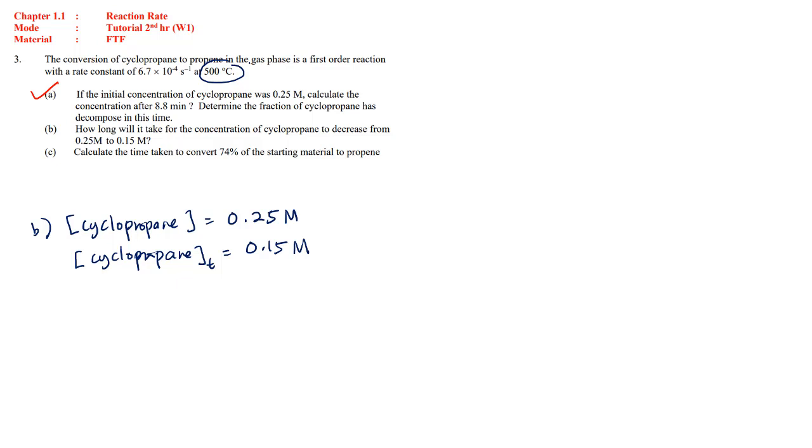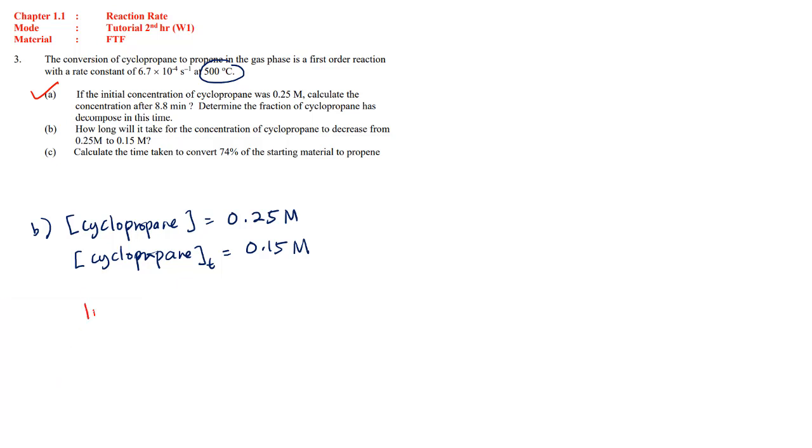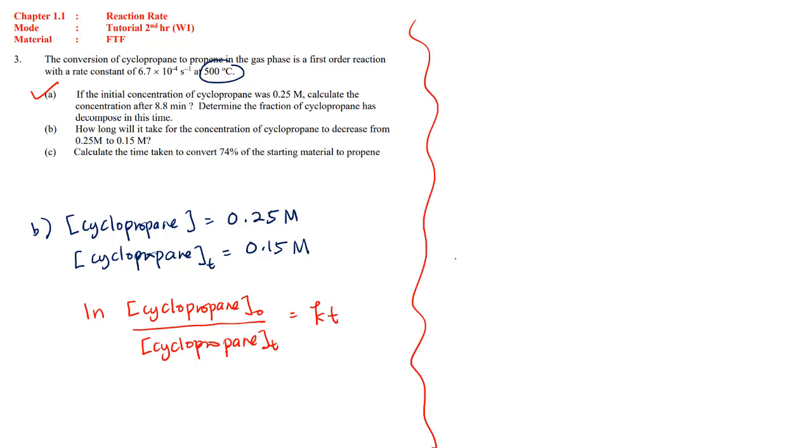Since we are going to relate the time with the rate of reaction and concentration, we are going to use the integrated rate equation. So ln initial concentration of cyclopropane, write the formula first, divided by concentration of cyclopropane at T time equals KT.